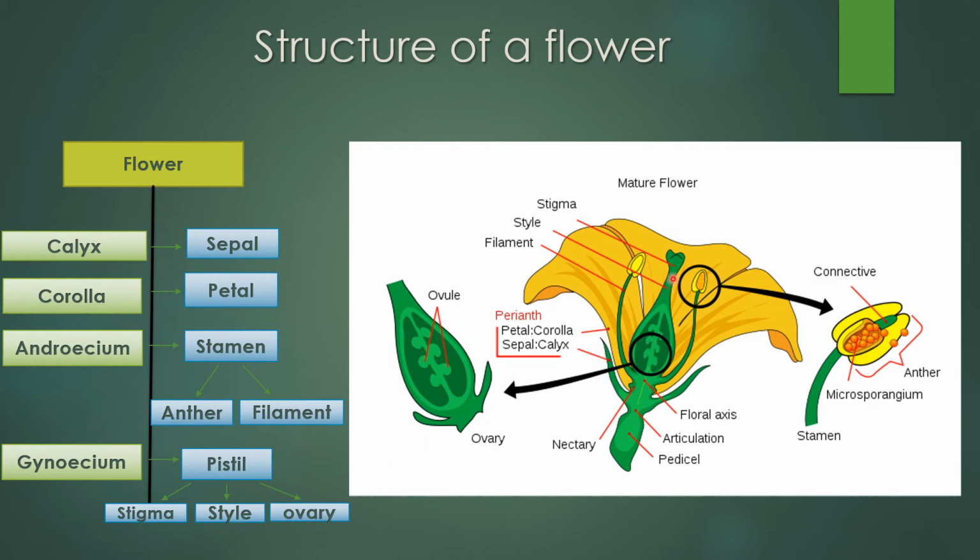So the first one, this is the stigma, and this is the style, and at the base the bulky region is the ovary, and inside the ovary there are many ovules. Okay, so these are the whorls of the flower.